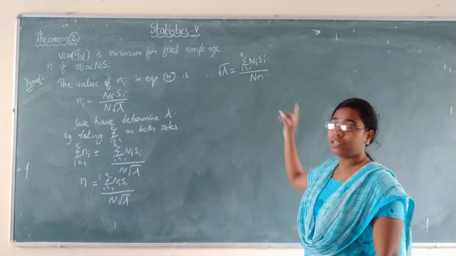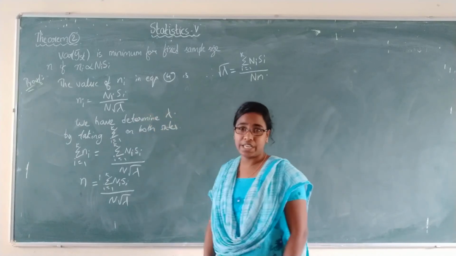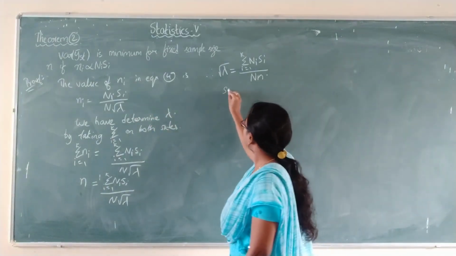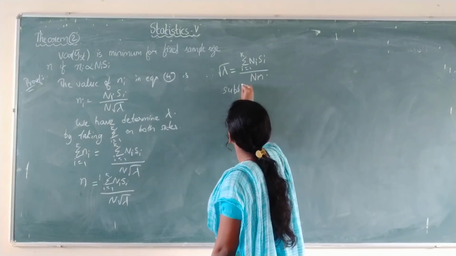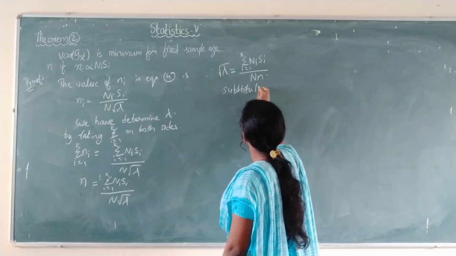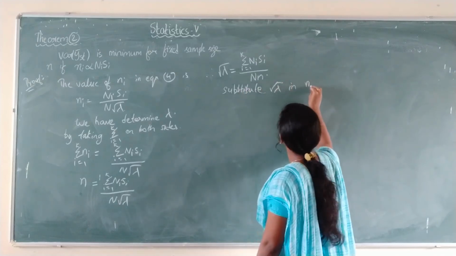So this is the root lambda value which we have to substitute in this equation. Now substitute root lambda in the ni formula.